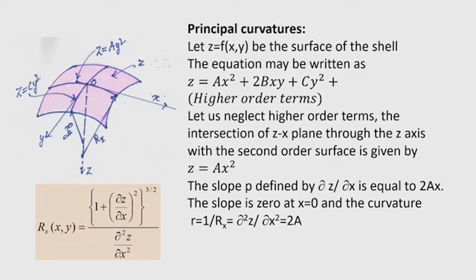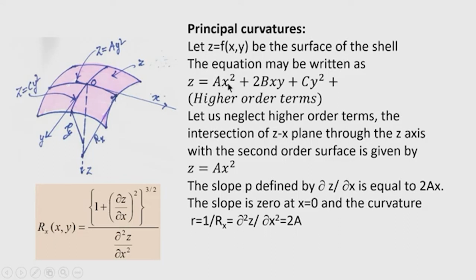So, z equal to f x y, if it is expressed in polynomial form, since it is curved, it will be a nonlinear function. So, let us express this in terms of a polynomial.